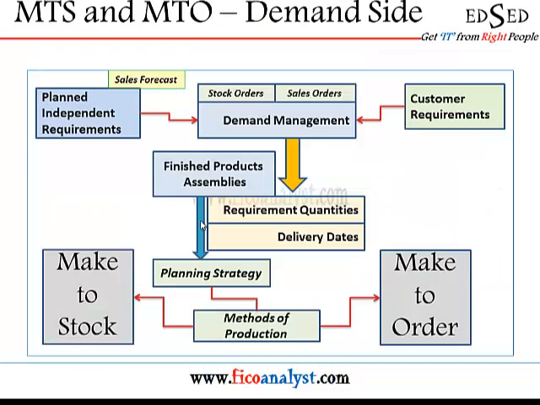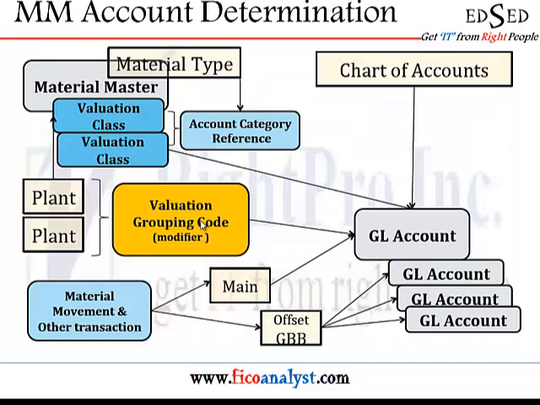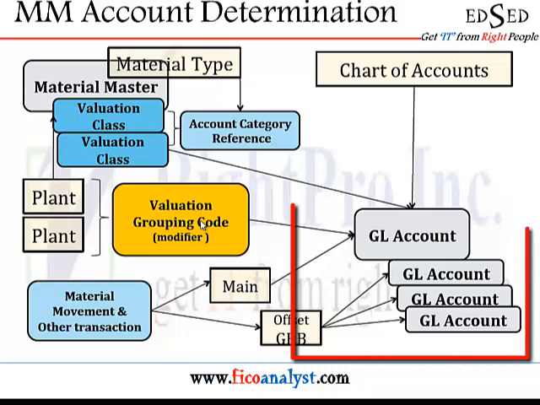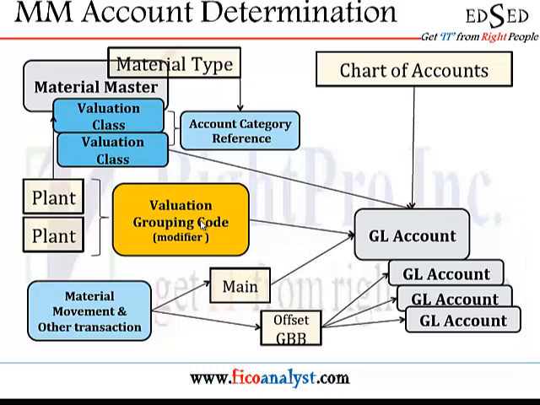And then we go into account determination, where we go transaction by transaction to trace how the implications of account determination work here, and what things are in totality integrated with general ledger accounts and also the inventory valuation.